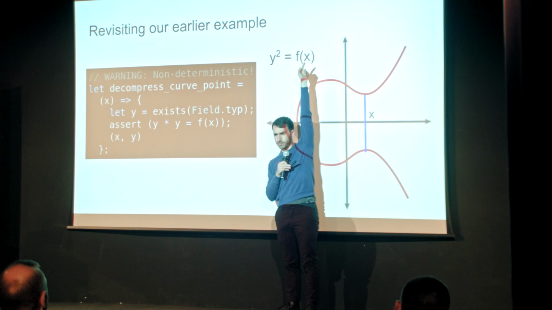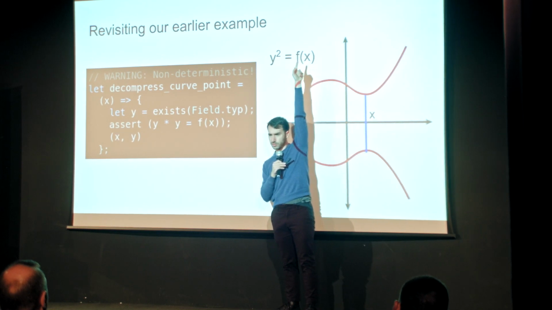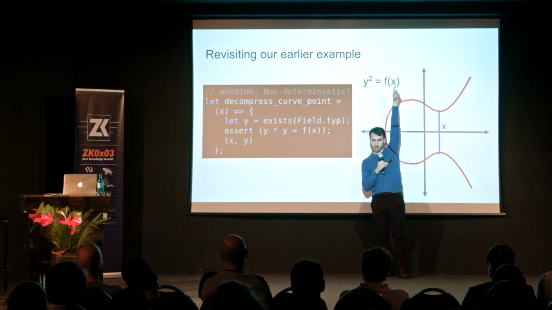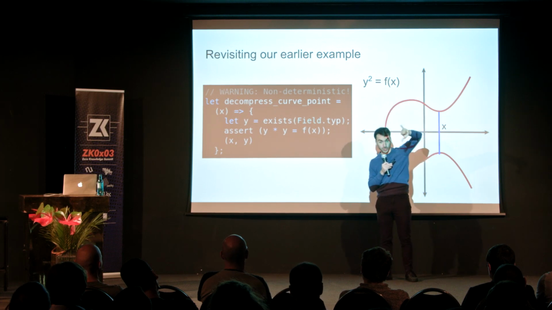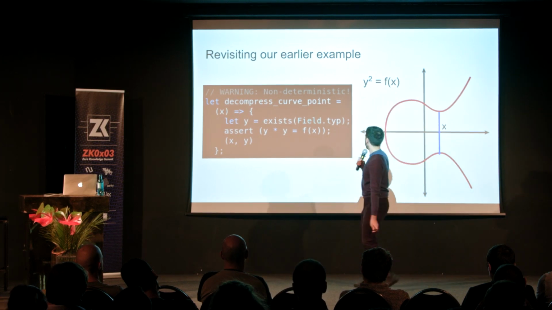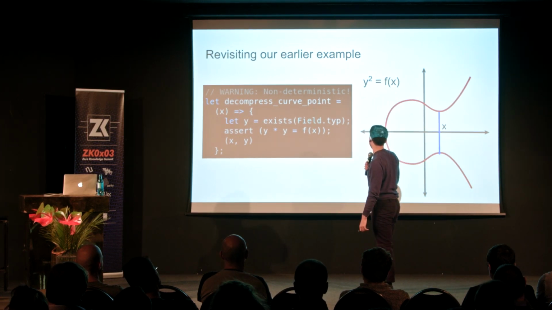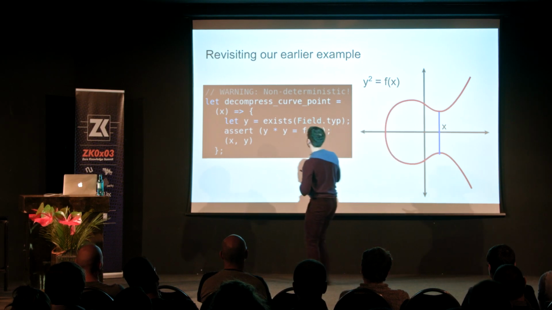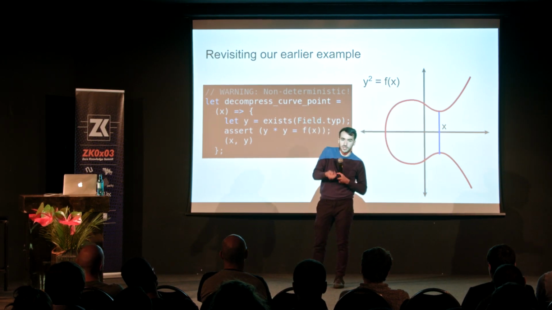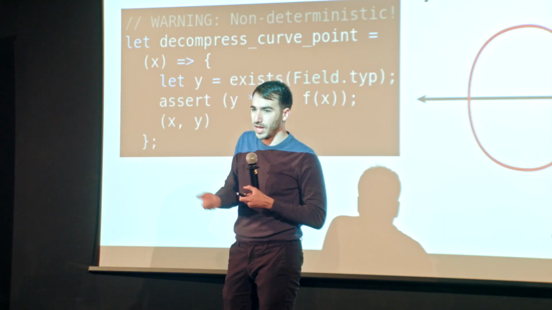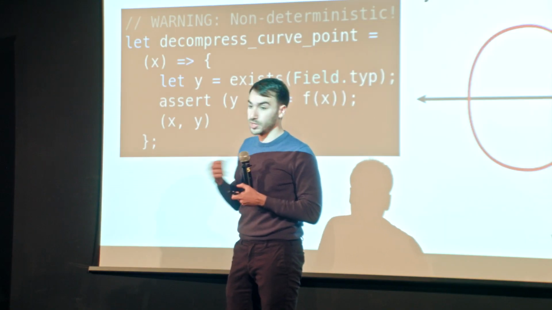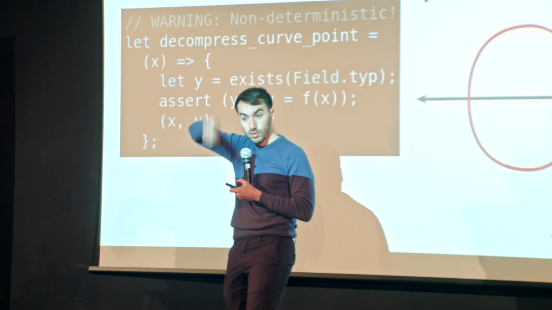You just take the square root of f of x. But it could be plus or minus, so there's 2. Sometimes you just have the x-coordinate because it's more efficient, maybe. You don't have to have both the x and y to determine the curve point. You just need the x-coordinate and 1 bit.